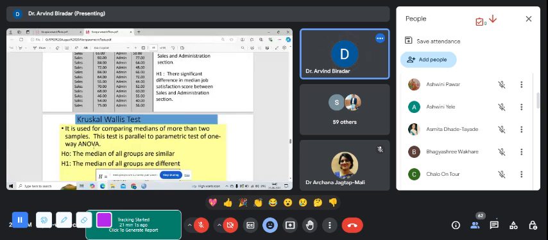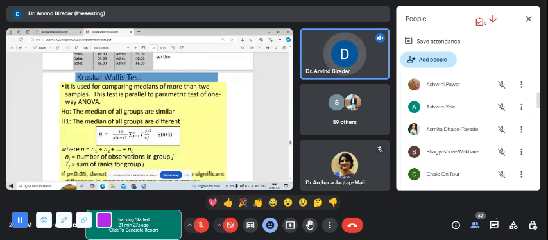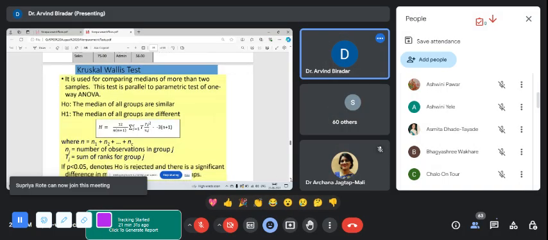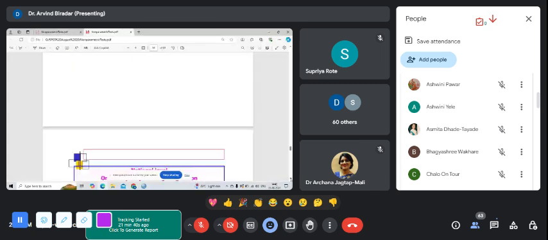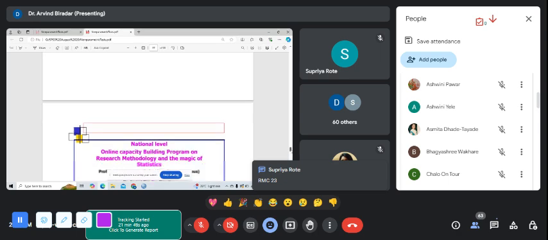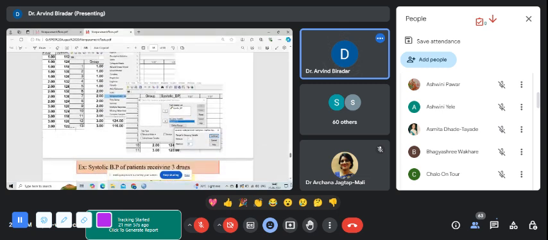Yes, if the condition of normality is satisfied, then you can apply one-way ANOVA. So the point is that if you refer to good journals, we can understand all these things. Okay. So these are the procedures.